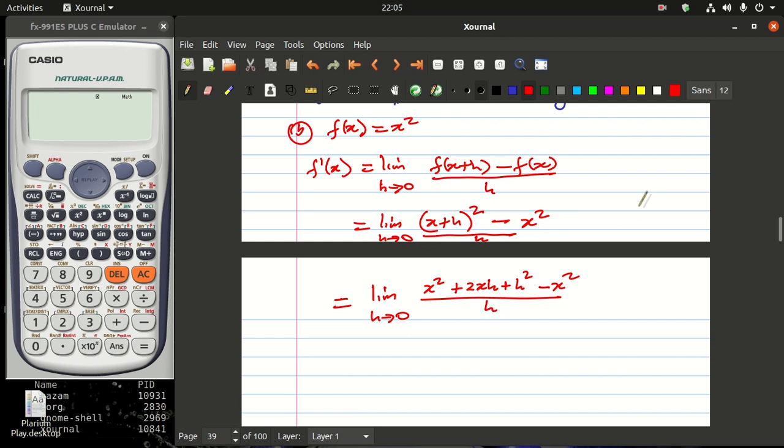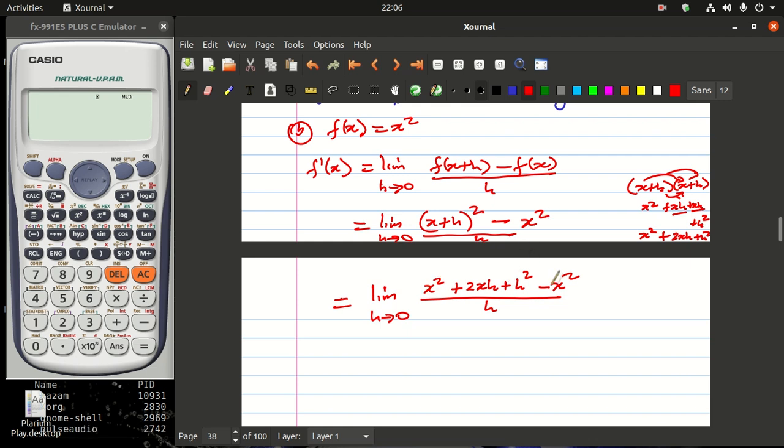Or you can expand this on the side and say I have x plus h and x plus h, and then I multiply this with that, I get x squared, and then I multiply this with that, I get plus xh, I multiply this with that, I get plus xh, and then I multiply this one with that, I get plus h squared. So this whole thing is going to be x squared plus 2xh plus h squared, and then minus x squared.